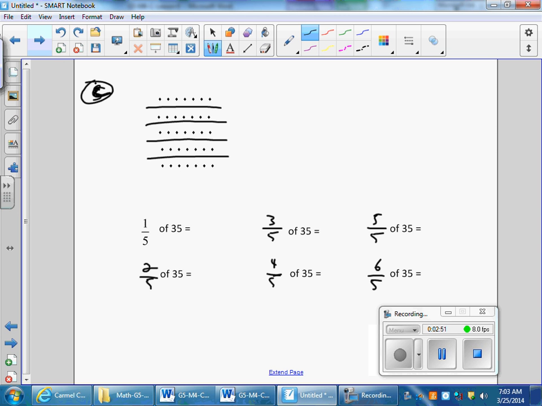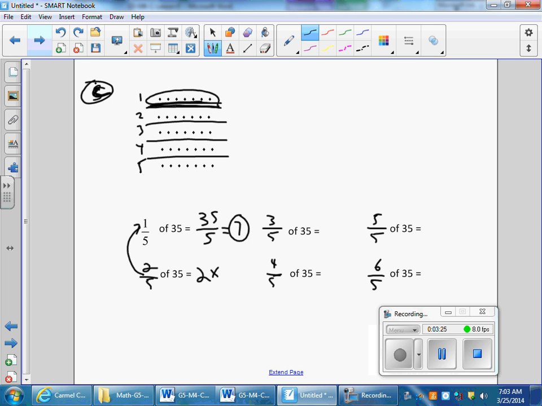Letter C. We have 35 diamonds. We're breaking it up into 5 groups. 1, 2, 3, 4, 5. 1/5 of 35 is the same as taking 35 diamonds and dividing it by 5. 1/5 of 35 is 7. 2/5 of 35 is like double what 1/5 is.